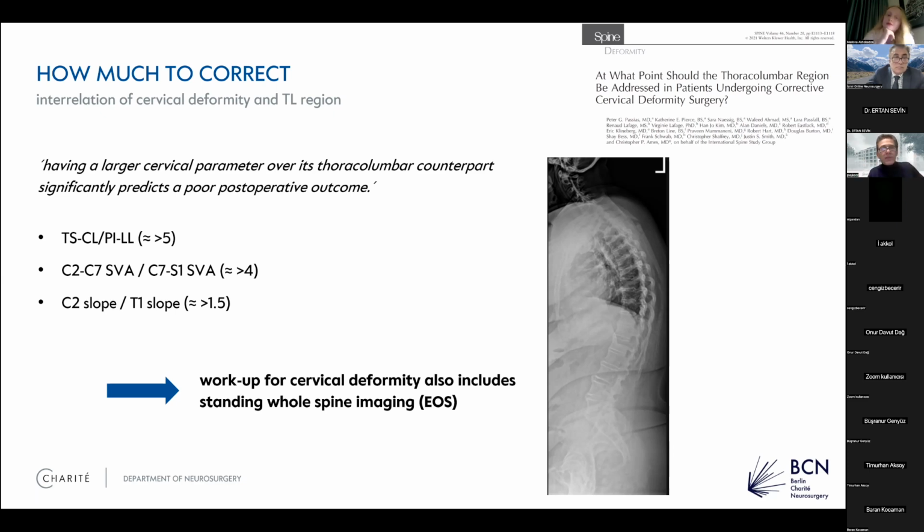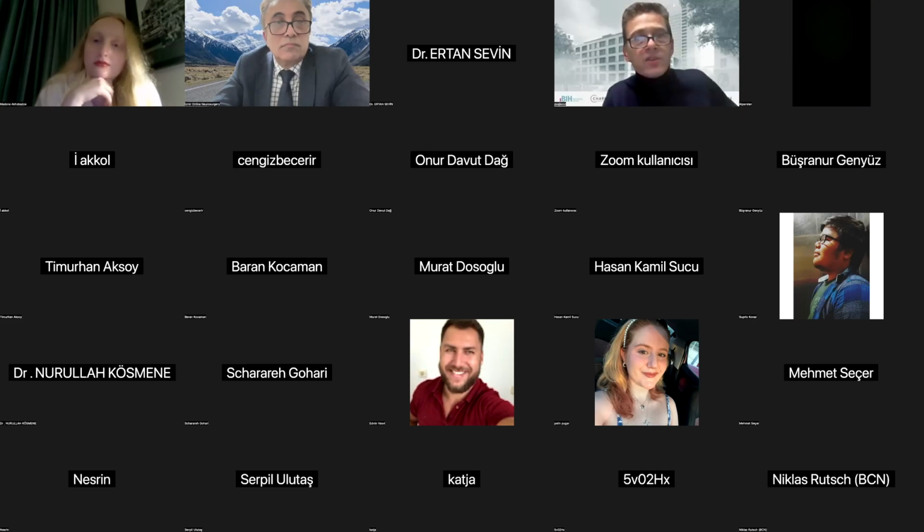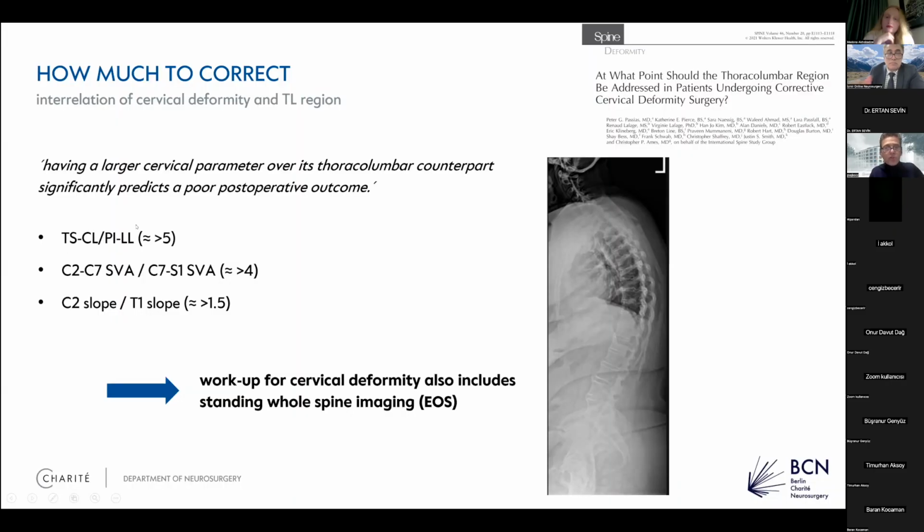You will aim at normalizing the T1 slope minus the cervical lordosis. But if the driver is really coming from the lumbar area, then it's more likely that patients will not be as happy compared to treating the cervical area alone.